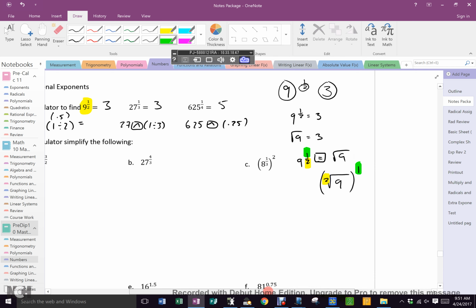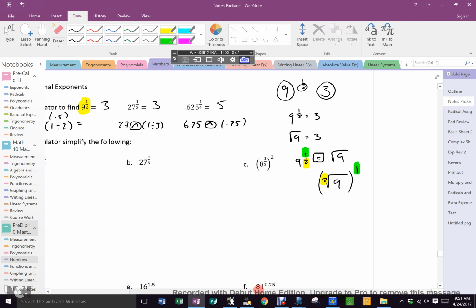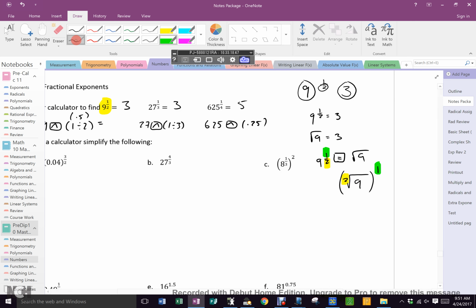So what does this tell us? I will always like to write my exponents out with letters because it shows that it works with everything. For every law, we've done that. This law is this: x to the a over b is the b root of x to the a power.